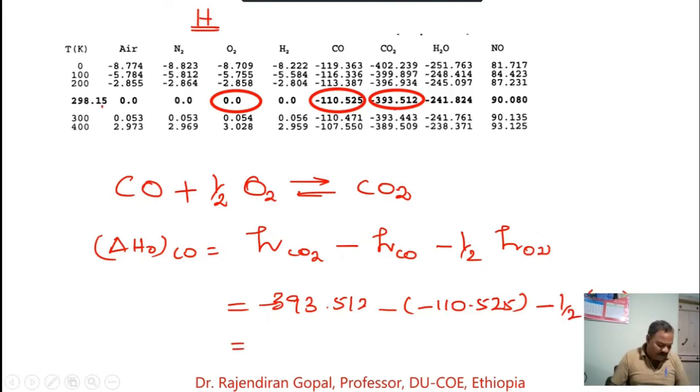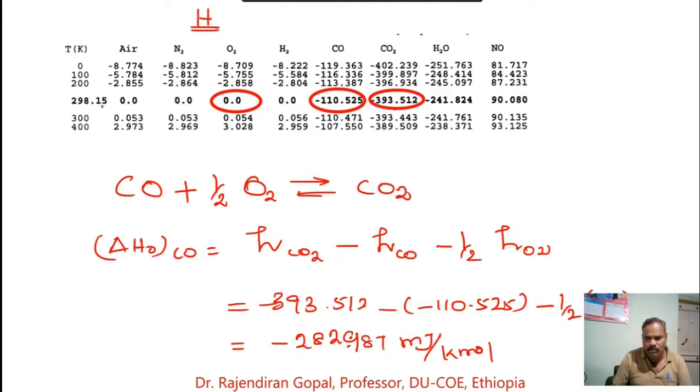Upon simplification, this is equal to minus 282.987 megajoule per kilomole. Multiplying by 1000, we get minus 282.987 kilojoule per kilomole of fuel.